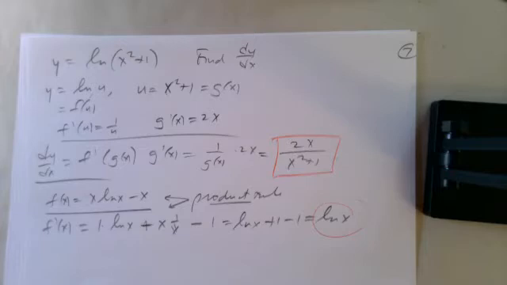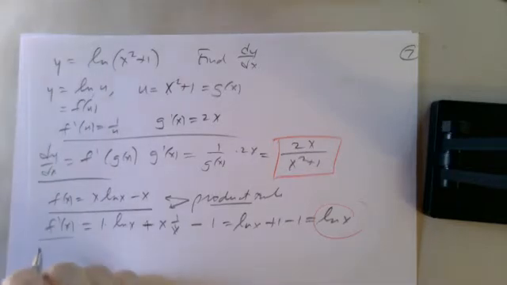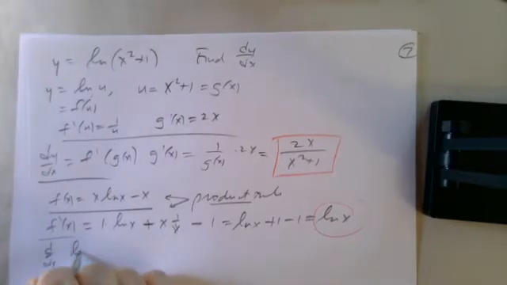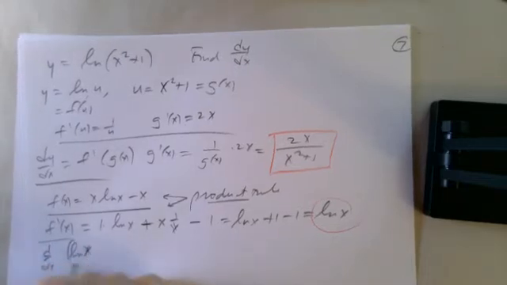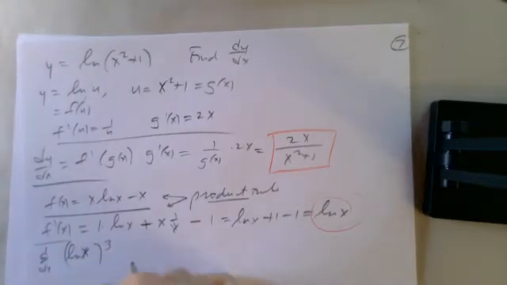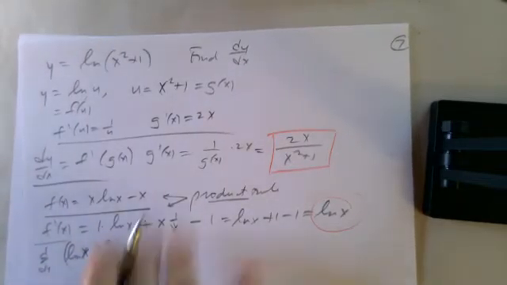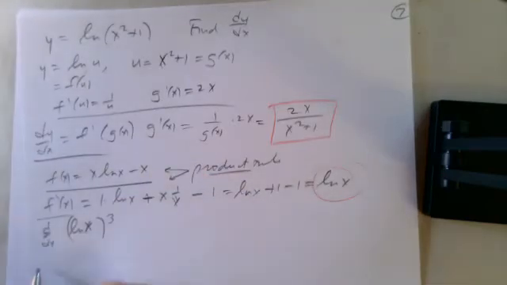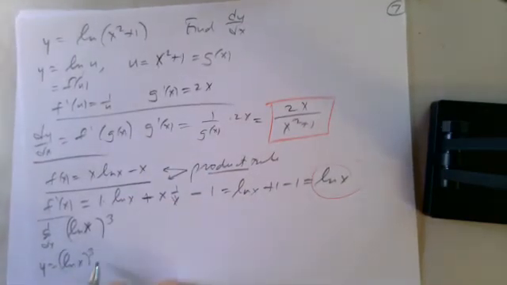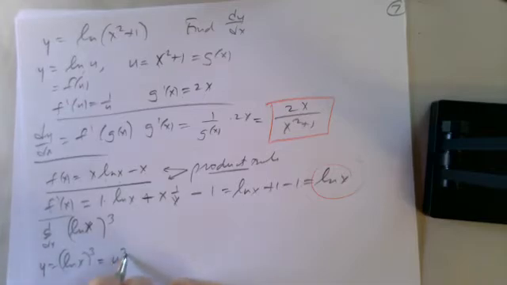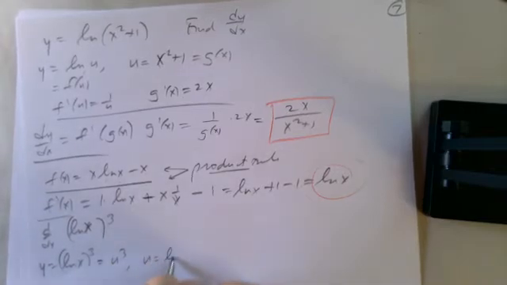All right, I just got to keep doing examples. Suppose we want to find the derivative of the log of x cubed. So if you have the function y equals log x cubed, that's like u cubed, where u is equal to log x.